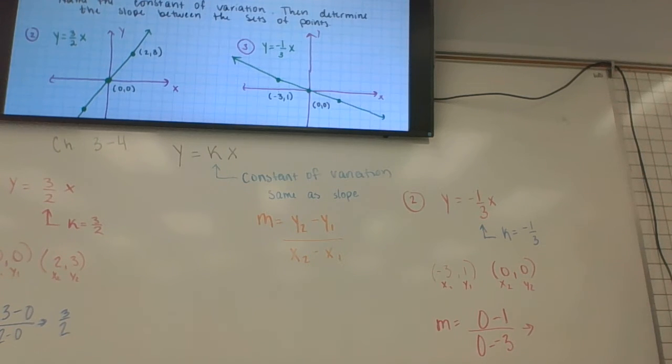So this one looks different than how we did it number 1. We put 0, 0 second, just looking at the order of the points. We end up with -1 minus the negative we talked about Monday becomes positive, -1/3.